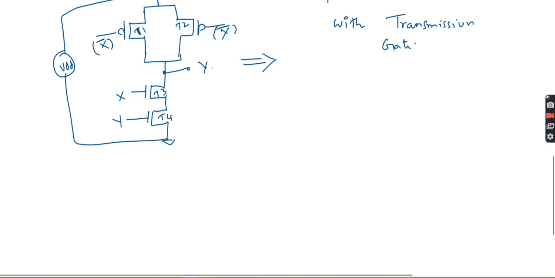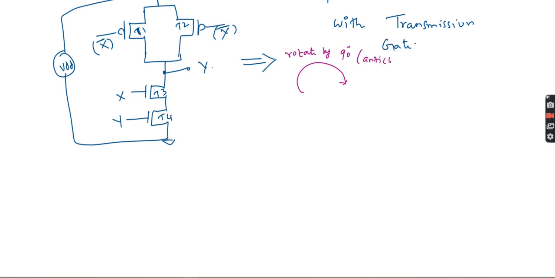So you see, this circuit is done. To make it better, rotate this circuit by 90 degrees counterclockwise, anti-clockwise, because it will be very easy for you.